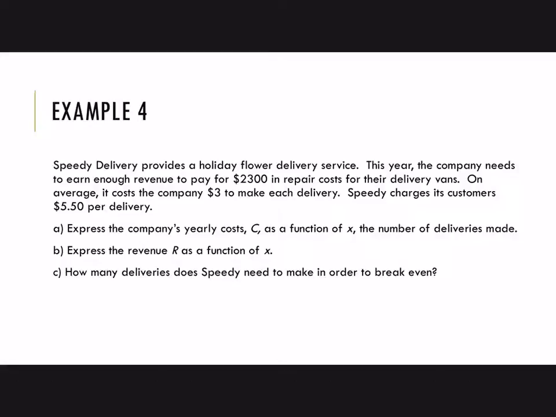So we have cost and revenue, and in case you don't have a good working definition of these, let me give you one. Revenue is just the amount of money that the company is making. This isn't profit, but just incoming money, we could say.